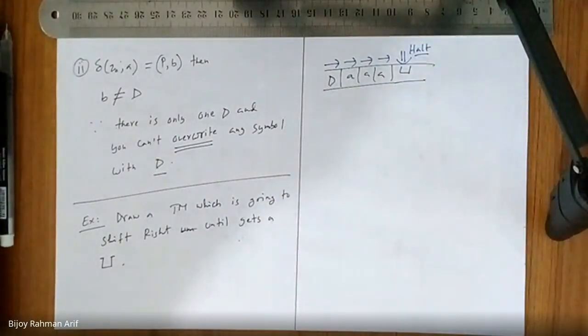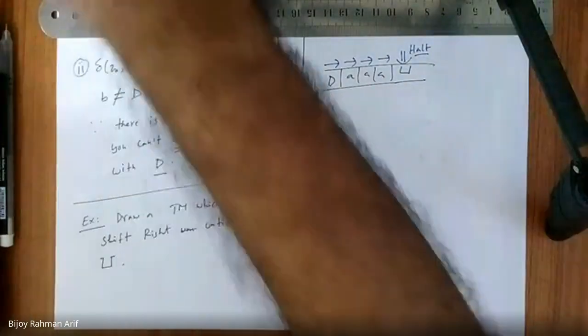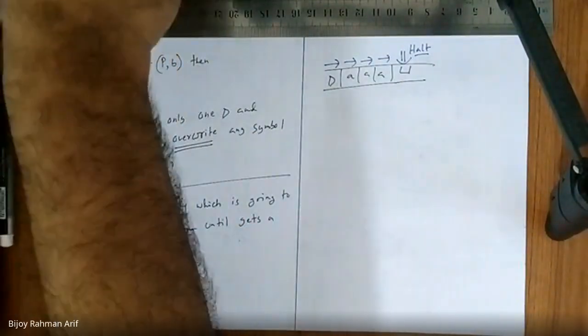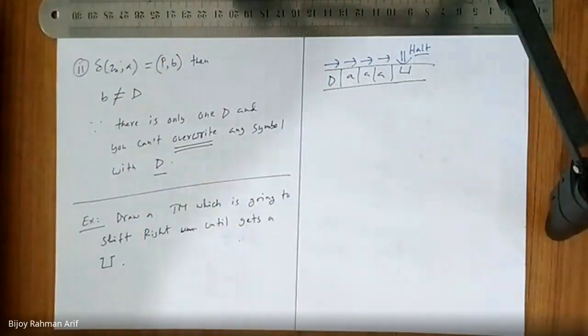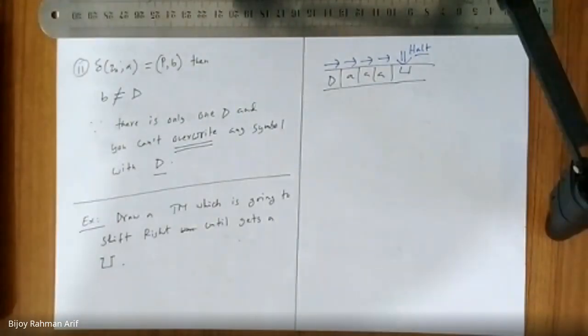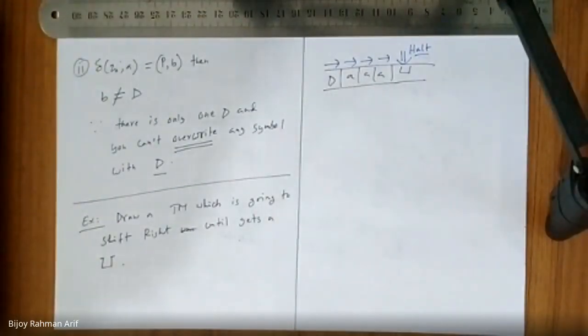So how can you draw this Turing machine? Yes, tell me. How can you draw a Turing machine? How many states do I require? So two. One is the start state, another one is the halt state.